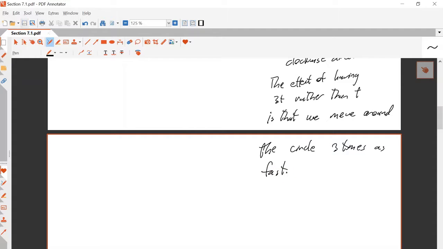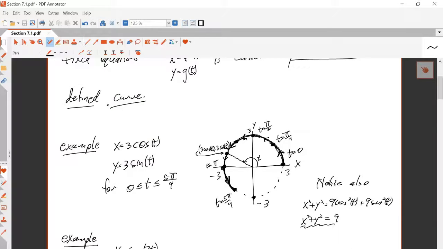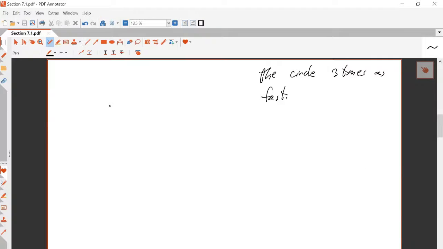Okay. So let's put these previous 2 examples together and do something a little bit different. How about this?